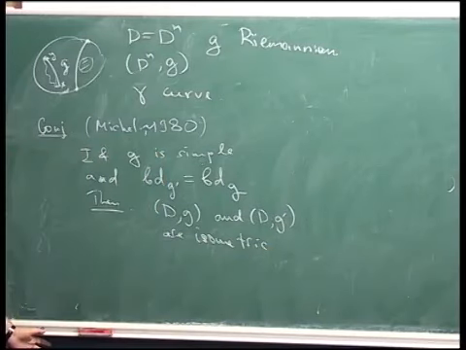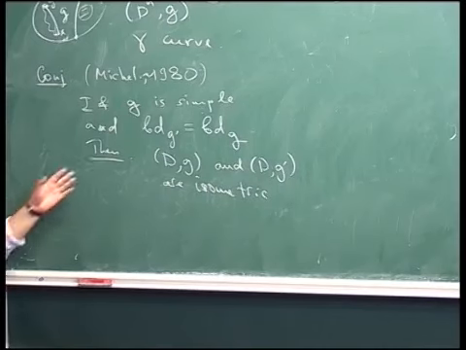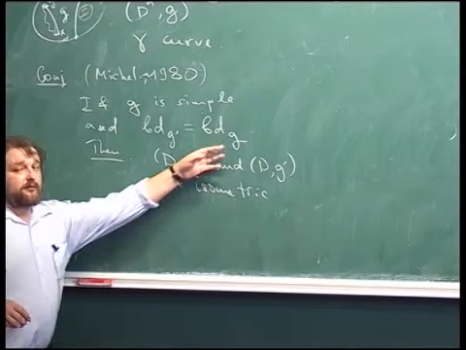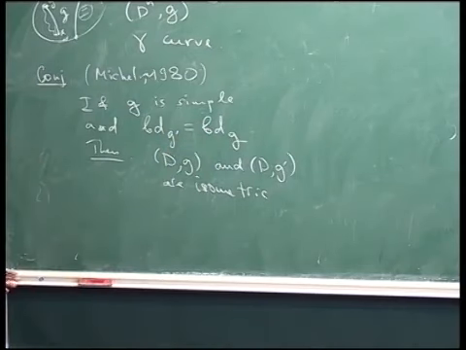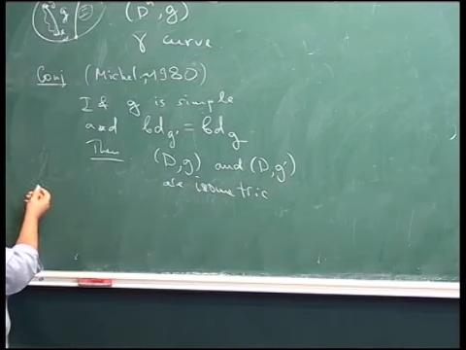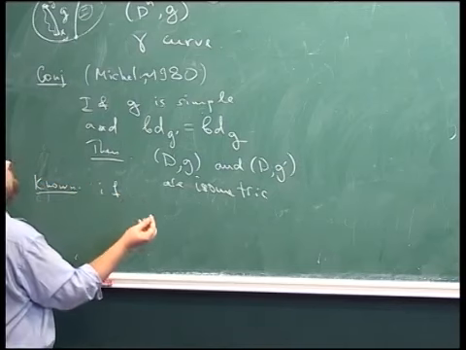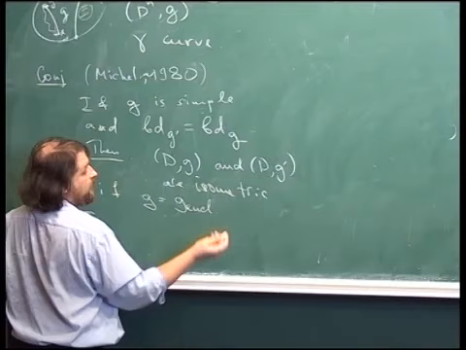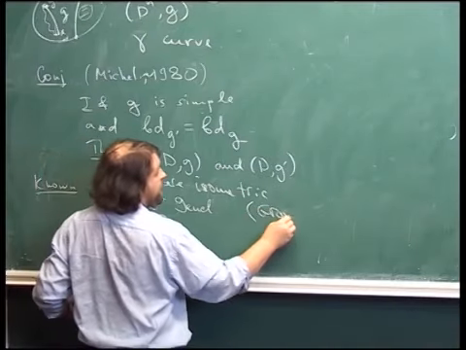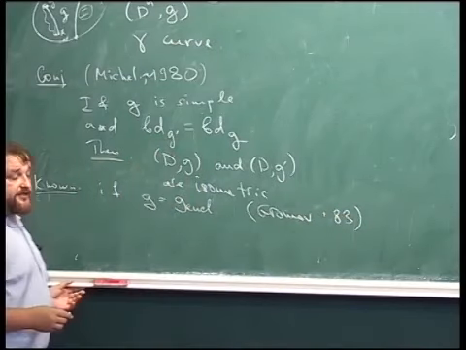And this is a hard question, and it's been proved in a number of cases, for some classes of g. For example, if g is the Euclidean metric, this is due to Gromov, 83 something.